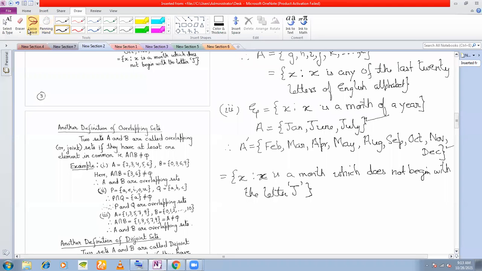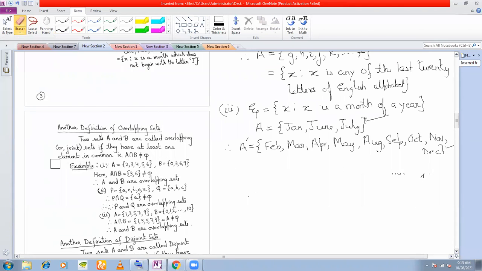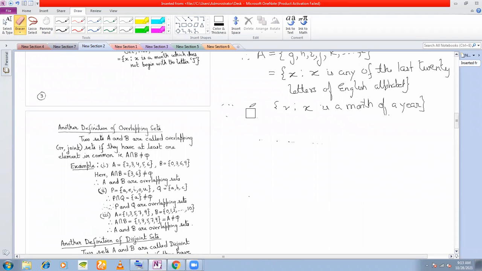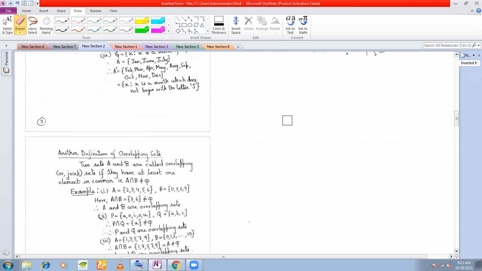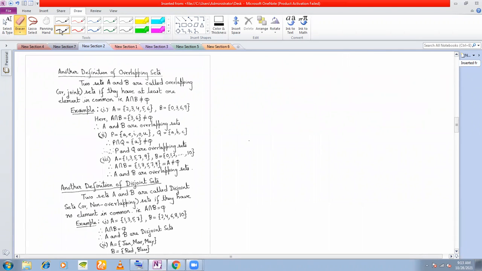Okay, then we can proceed to the next definition. The next definition is that of overlapping sets, which I've already mentioned to you. But this time overlapping sets has a little technical definition. Now that you know the operations, we'll define overlapping sets in terms of the operations.